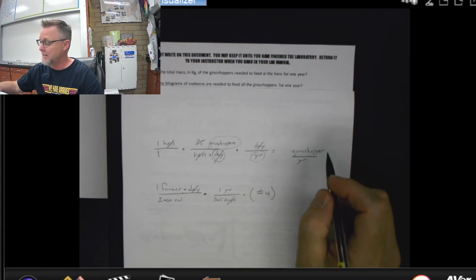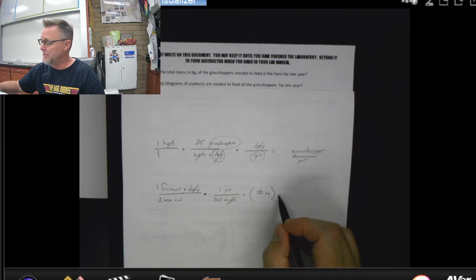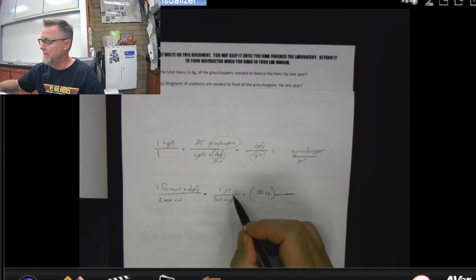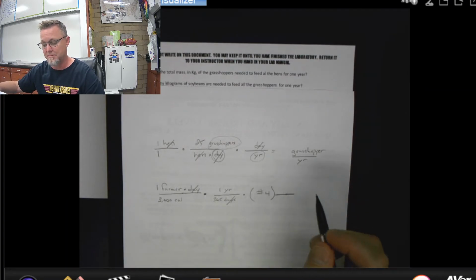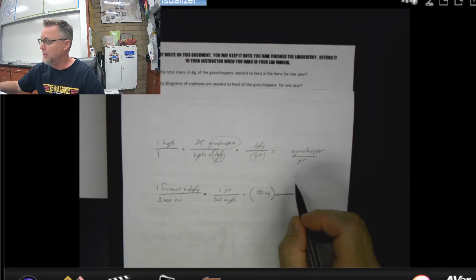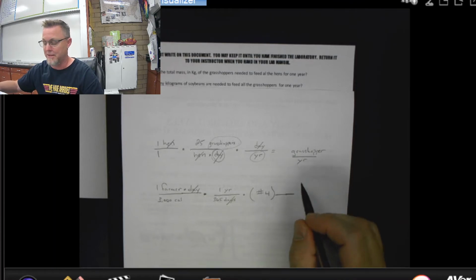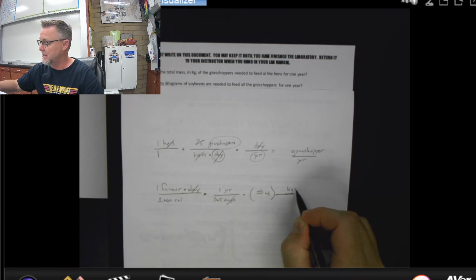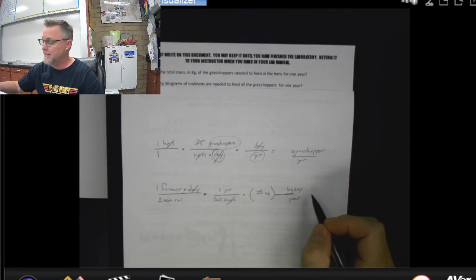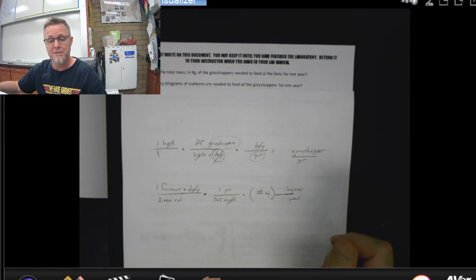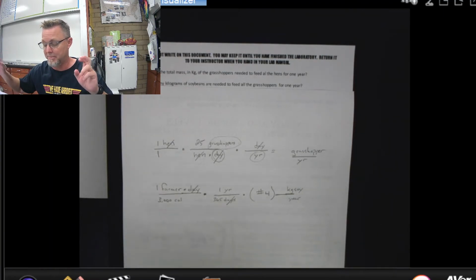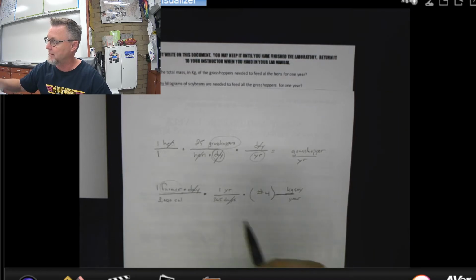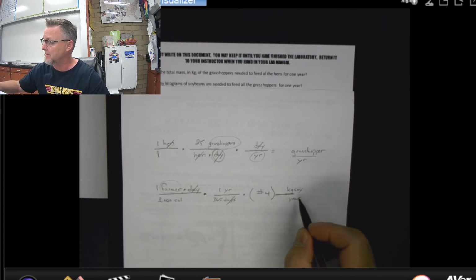But what I will say is, whatever you do here, you need to take care of your units. In number 4, you ended up with an answer that was in kilograms of soy per year. So you want to make sure that you're still headed towards a people number or a farmer number, so you have to keep canceling this other stuff out over here.